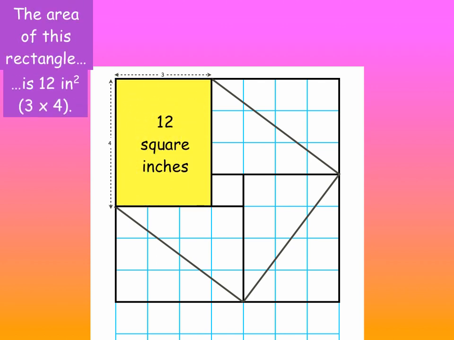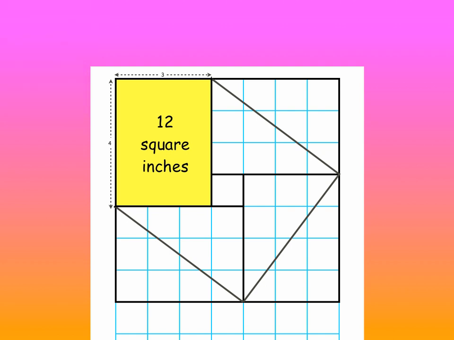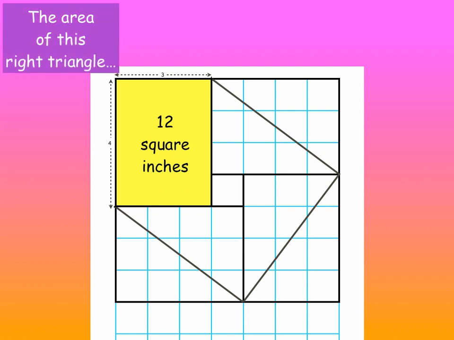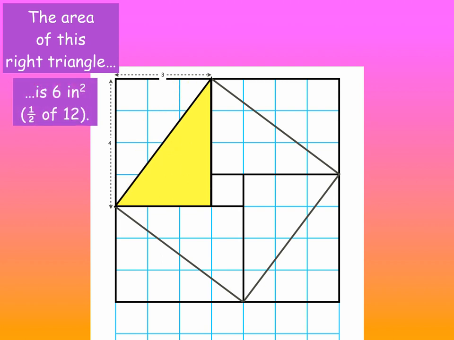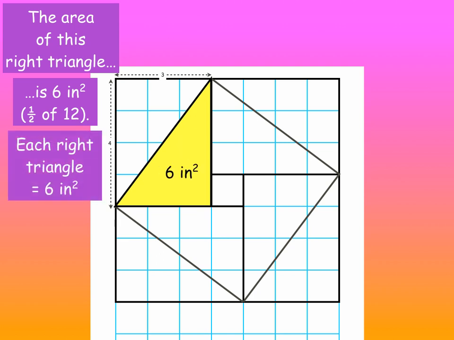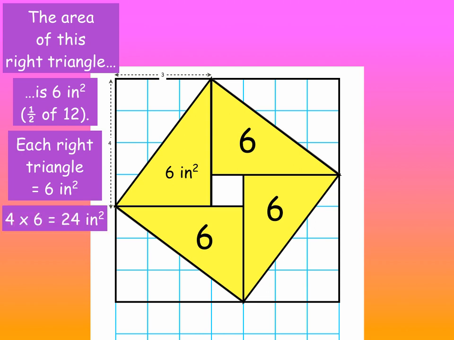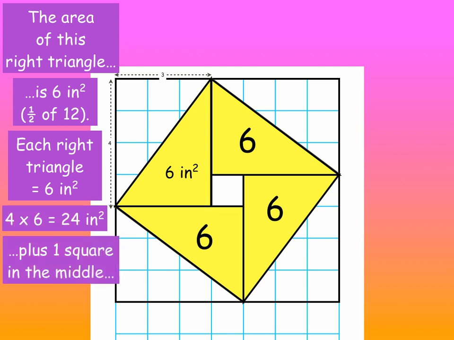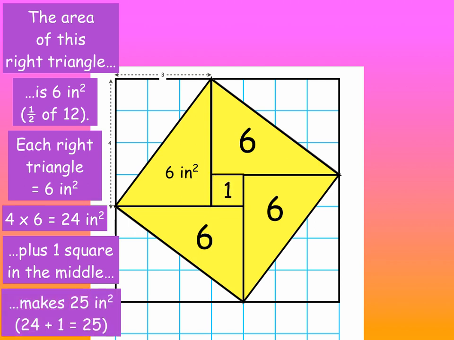Well, right, because it's 3 times 4. And the area of this right triangle is half of that, so it's 6 square inches. And each right triangle is 6. And 4 times 6 makes 24 square inches altogether. Plus, if we add the 1 square in the middle, that makes 25 square inches altogether.